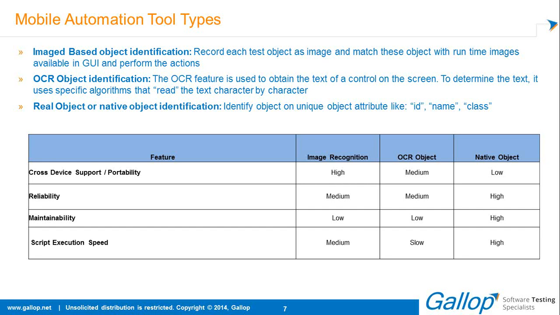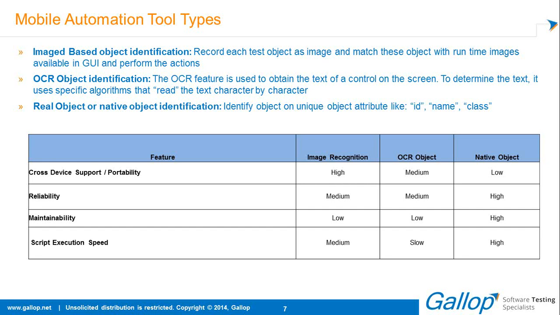So the three categories of mobile automation tools that you have out there in the market are the tools that are based on image-based object identification. So they try to capture the image of your application on the mobile device, and then they perform GUI actions on the images.